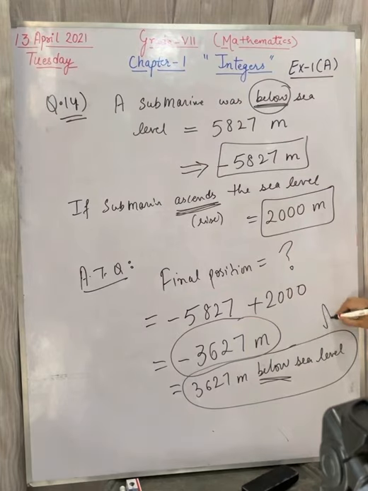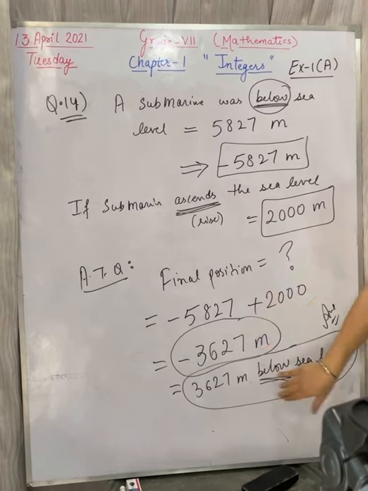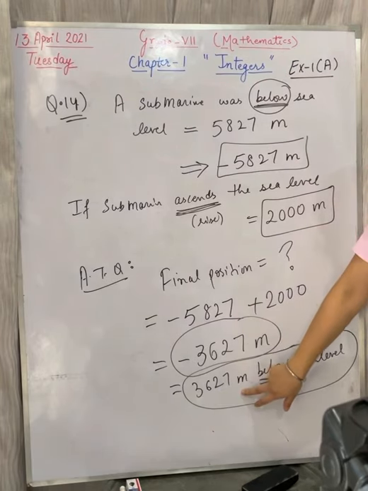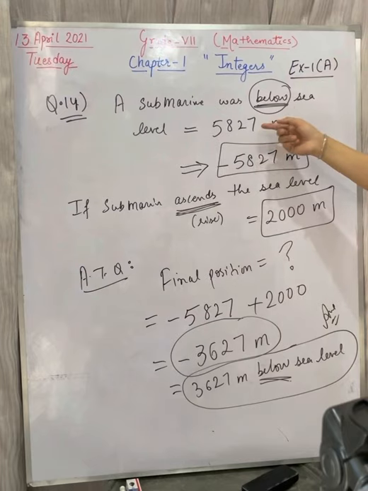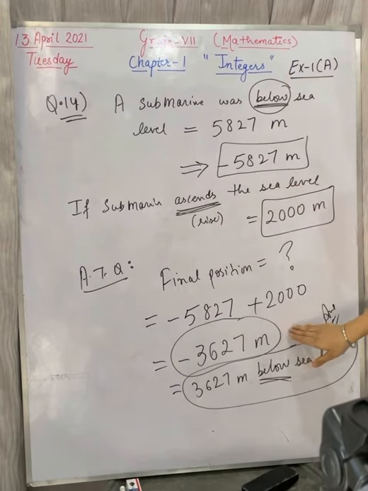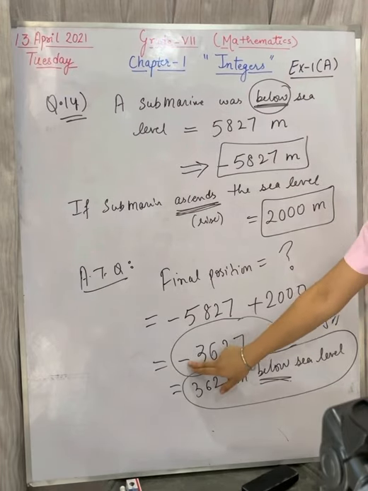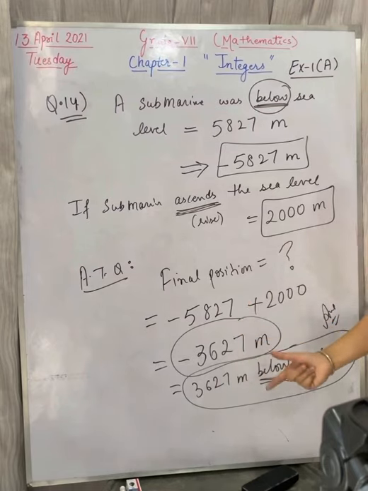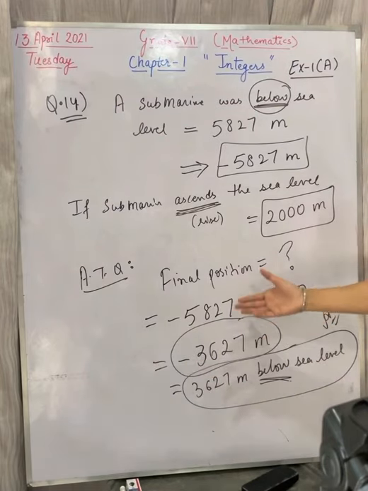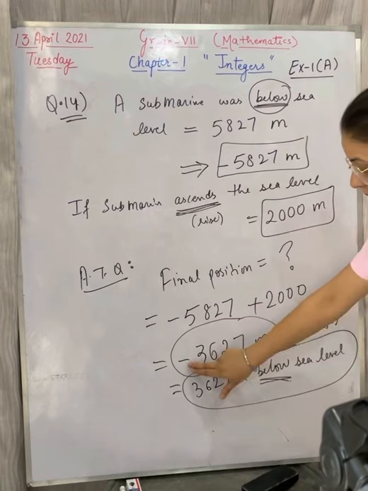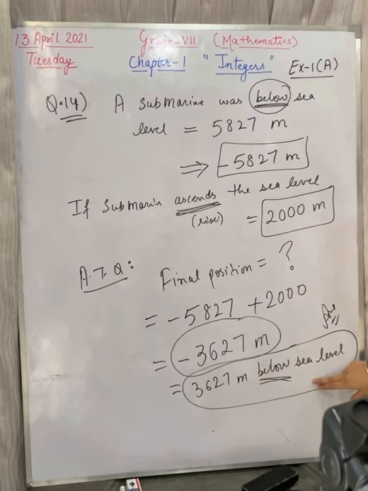Please ask me any doubt you are having. If you are writing below, then write in the positive way, like the way it was written in the question. If you are not writing below, then write minus. If it is written minus, it means it is below. If you are not writing minus, then mention it is below sea level. Understood by everyone?